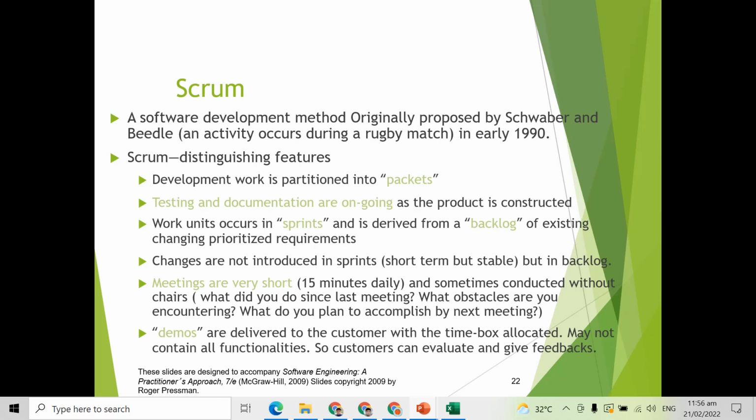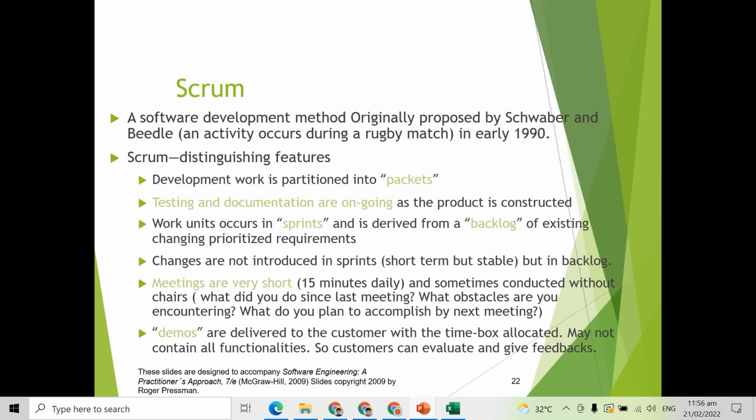Testing and documentation are ongoing as the product is constructed, and work units occur in sprints and are derived from a backlog of existing, changing, prioritized requirements.